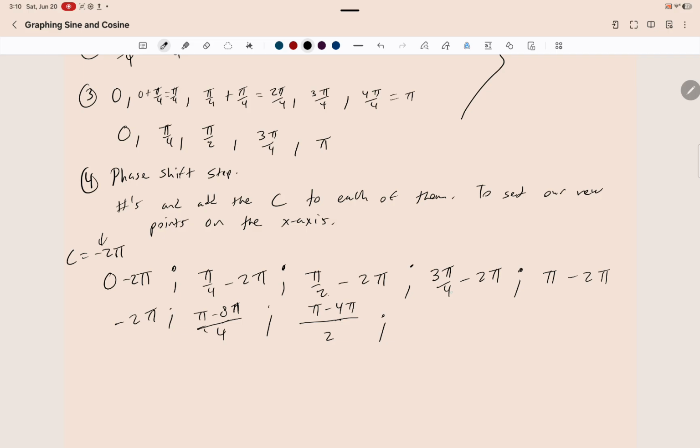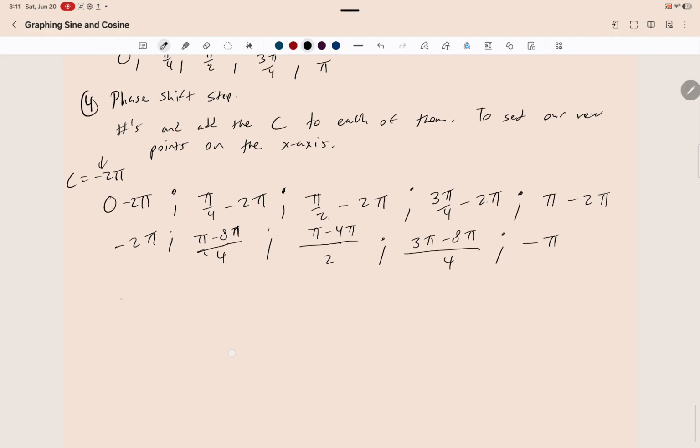Then again, this is a 4, so I'm going to multiply this by 2, so I get minus 8 pi over 4. And for this one, I can subtract as is, which gives me negative pi. Then just doing a bit of cleanup now. This is, I guess, the hard part: the arithmetic, adding and subtracting fractions. It's kind of annoying.